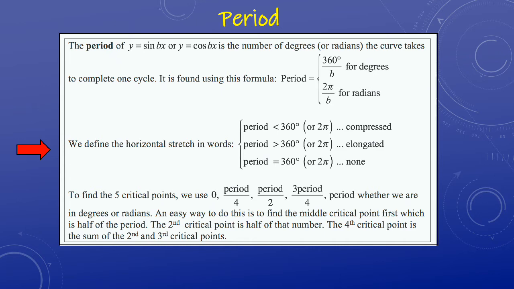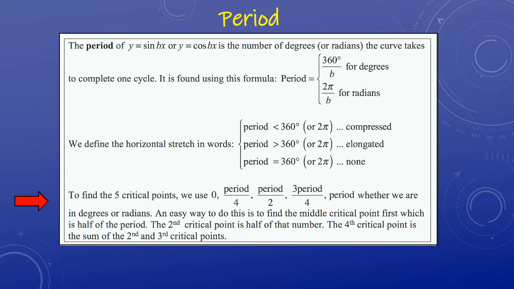If the period is less than 360 degrees, or 2 pi measured in radians, we say that the graph is compressed compared to y equals sine of x or y equals cosine of x. If the period is greater than 360 degrees, or 2 pi, then we say our graph is elongated. And if our period is equal to exactly 360 degrees, or 2 pi, that means that there is no horizontal stretch.